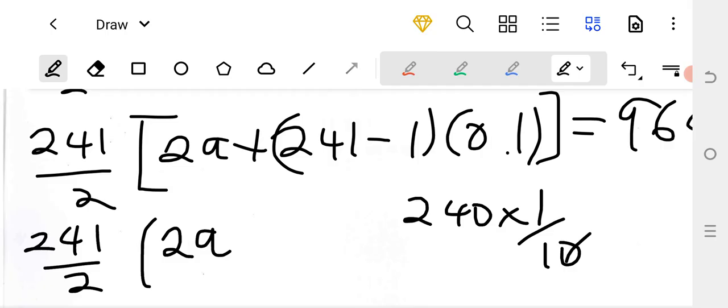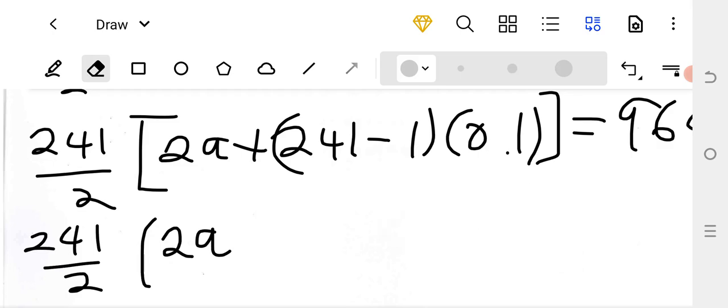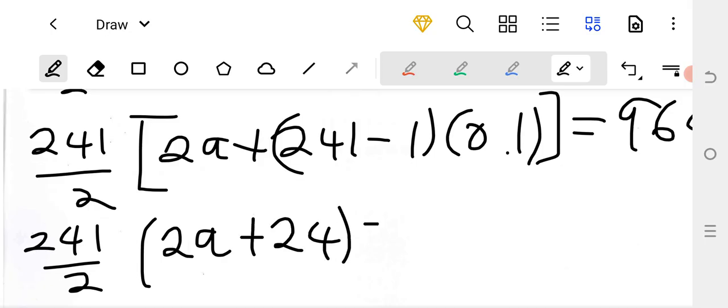So you are going to just cancel out the zeros and remain with 24. So 2a plus 24 is equal to 964.